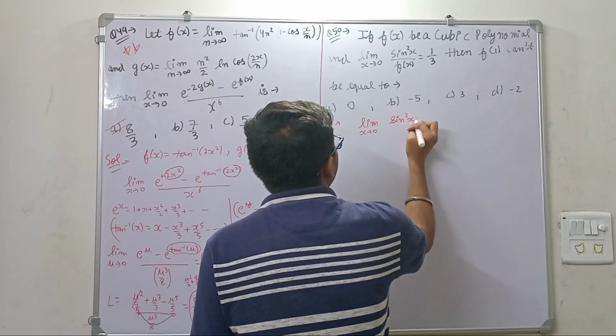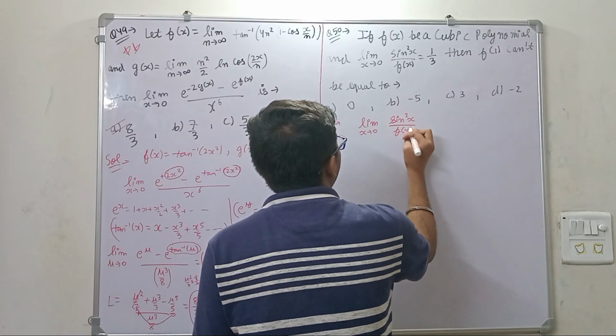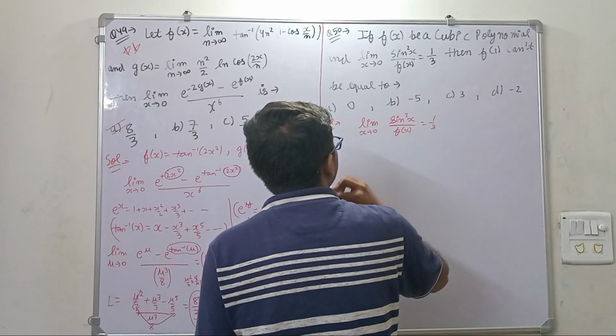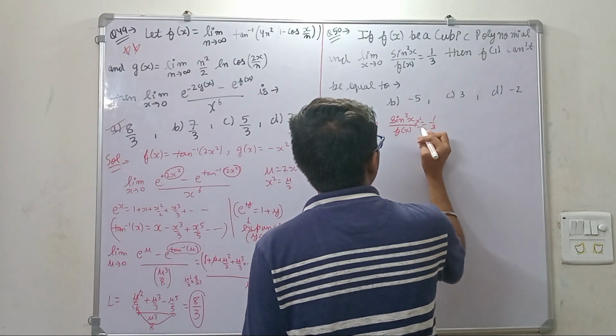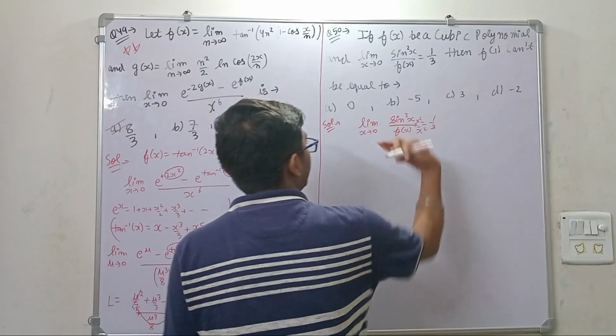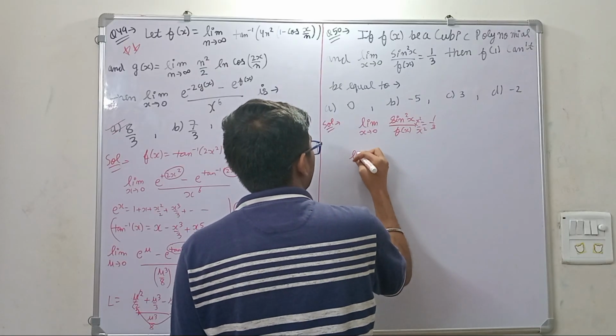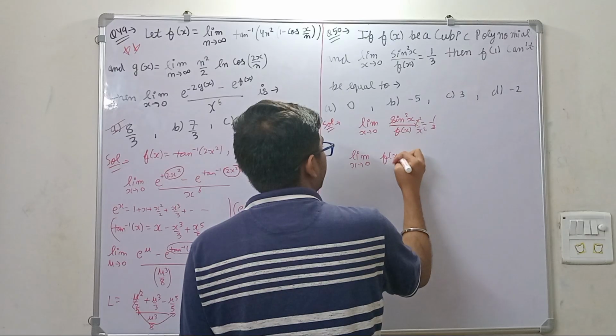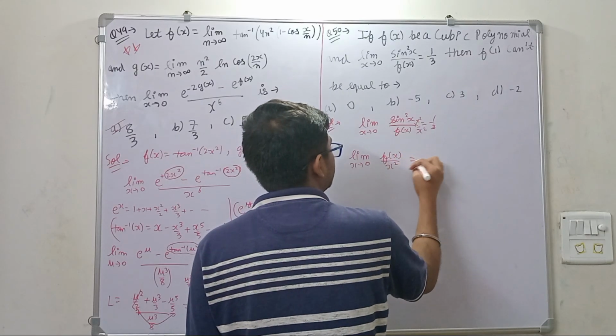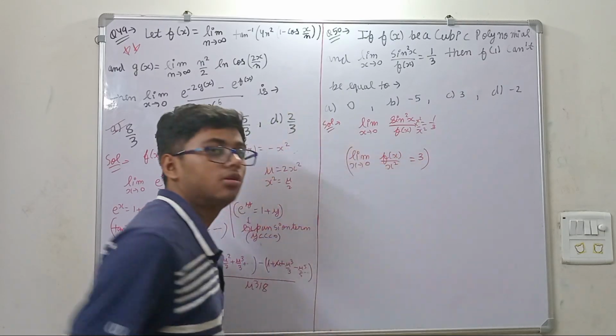Okay, here limit x tends to 0 sin square x by f(x) is 1 by 3. Now we can apply the simple limit property, multiplying and dividing by x square. So this will be 1, and taking the reciprocal, limit x tends to 0 f(x) by x square is 3, and f(x) is a cubic polynomial.